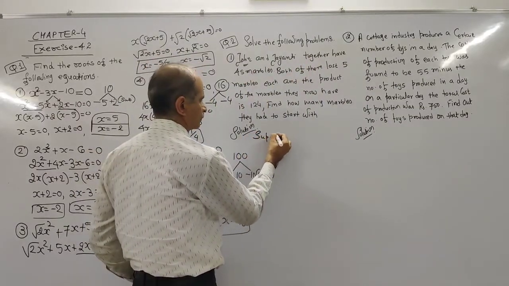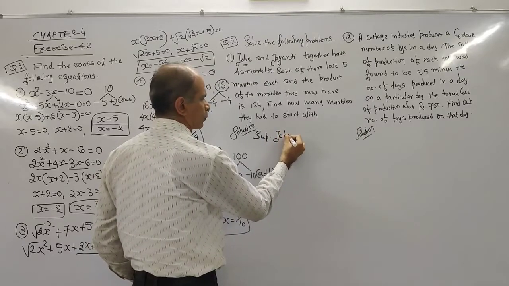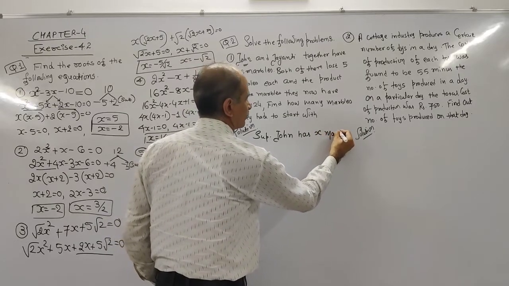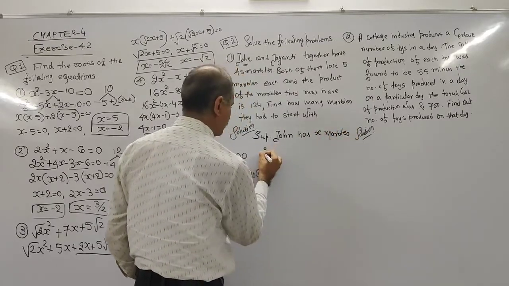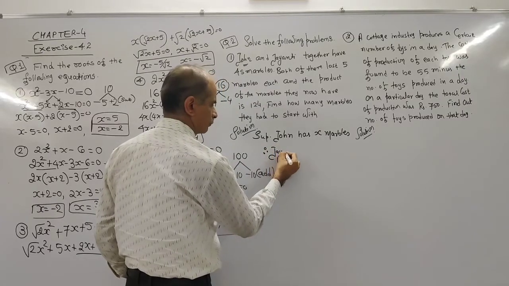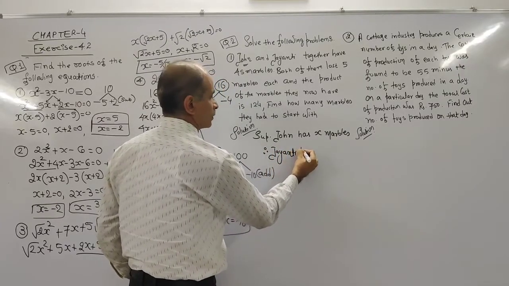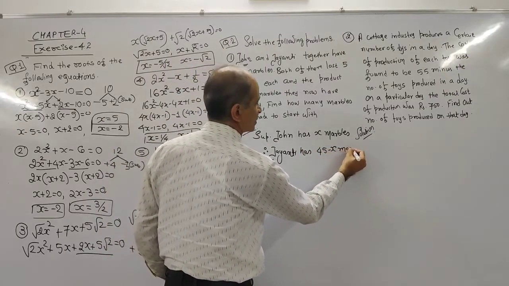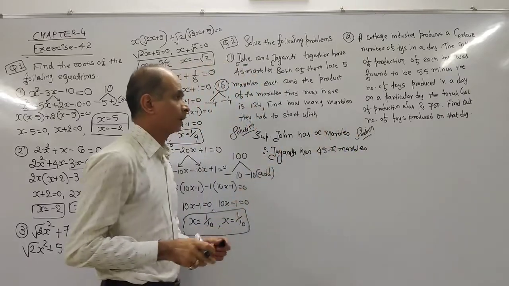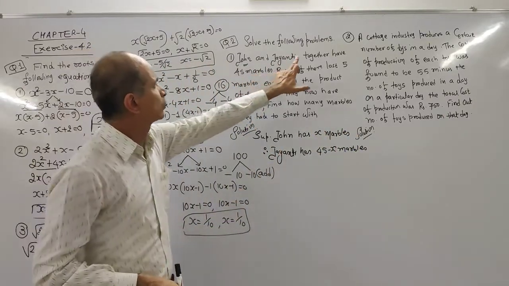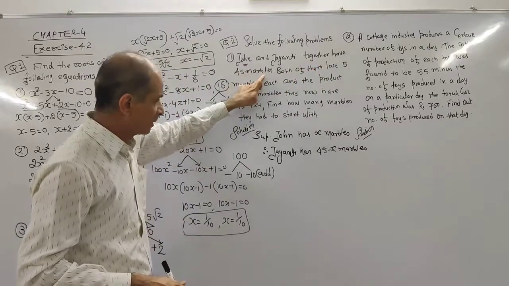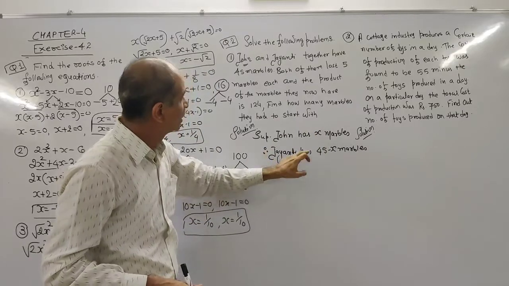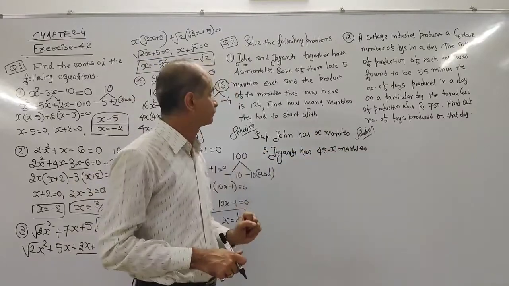So John and Jayanti together have 45 marbles. Suppose John has x marbles. Therefore, Jayanti has 45 minus x marbles, because they together have 45 marbles. So if one has x marbles, the other has 45 minus x marbles.